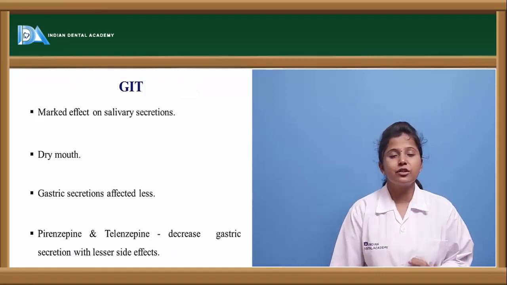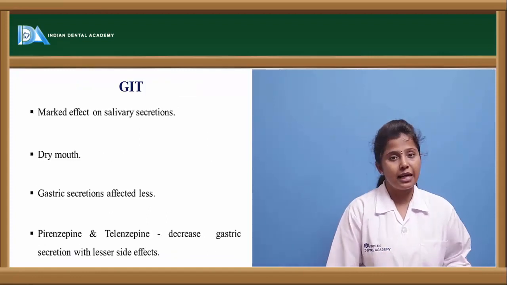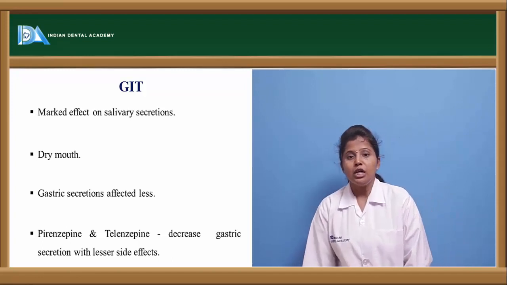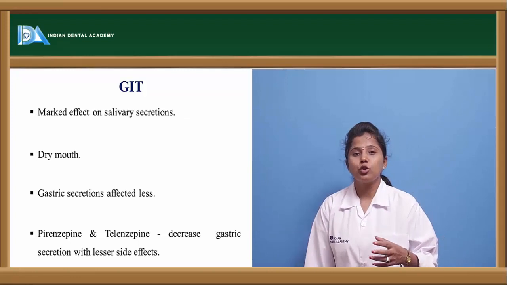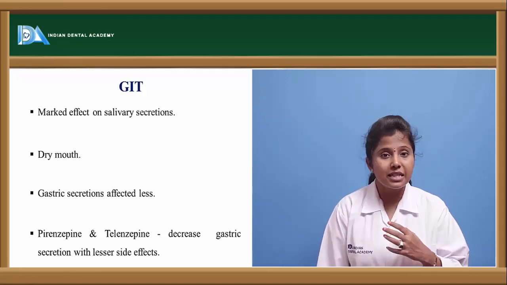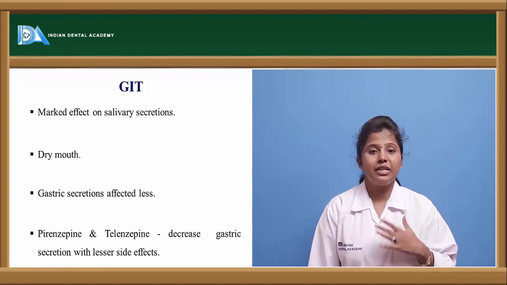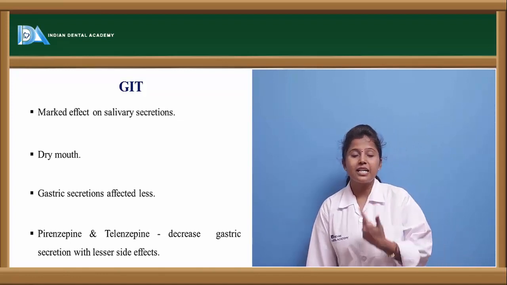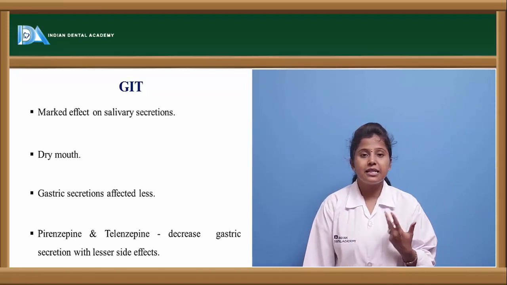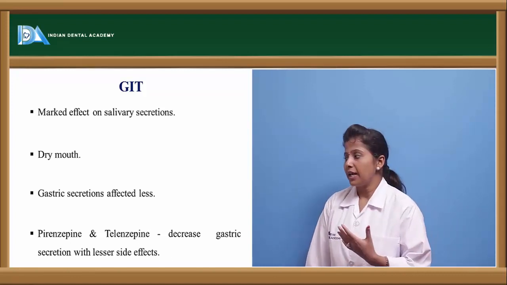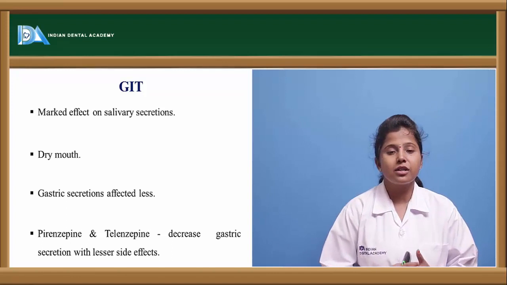Let us see the effects of antimuscarinic or anticholinergic drugs on the GIT. These antimuscarinic drugs show marked effects on salivary secretions. In the sense, they decrease the salivary secretions produced by the salivary glands, and that is the reason it causes dry mouth.